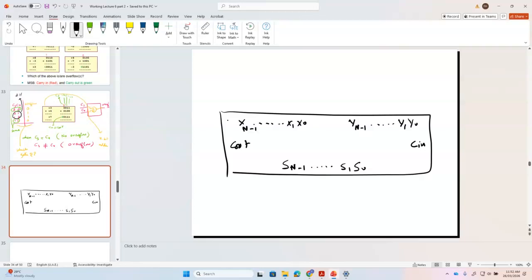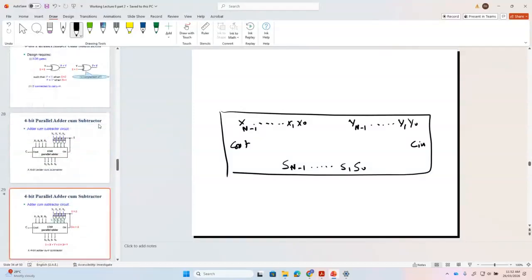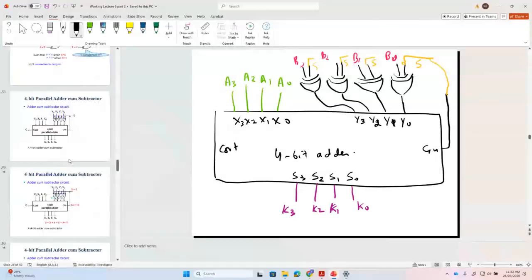Got it. Now if we have this adder, since we are going to do this, I'm generalizing the problem. So basically what will go here in a 4-bit adder, in the green color?